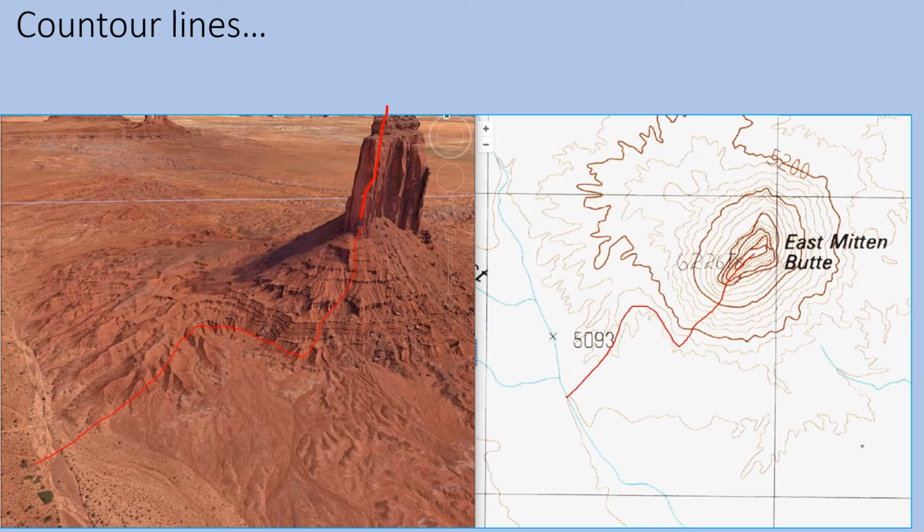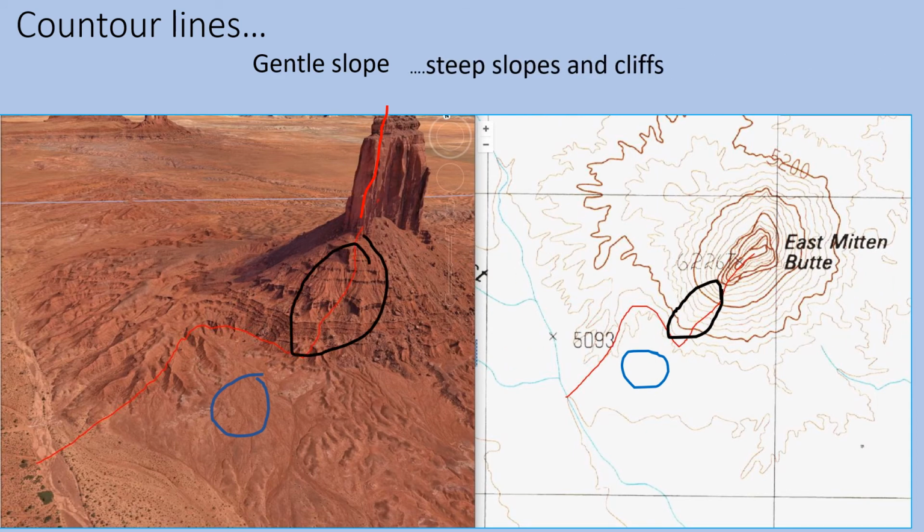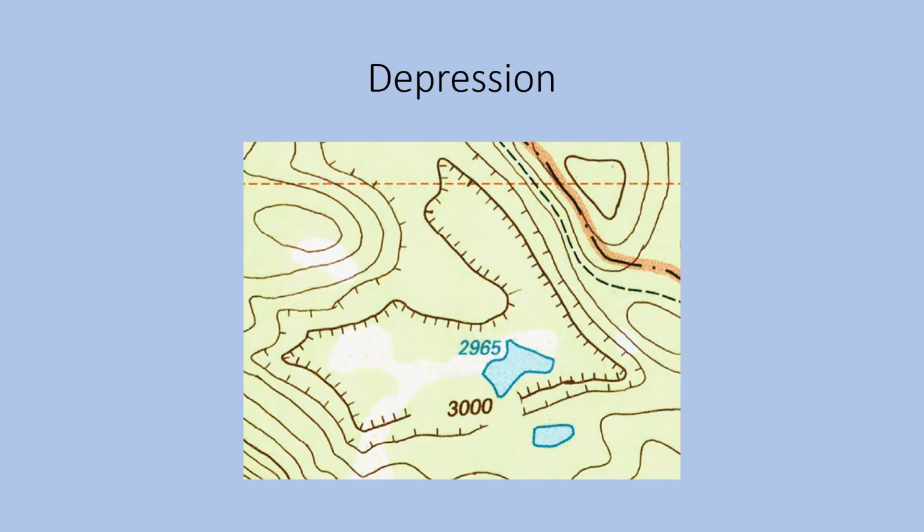Contour lines illustrating a gentle slope, steep hillside with cliffs, and an amazing butte. Tick marks on the downhill side of a contour line indicate a depression. Depression lines always form a closed loop.